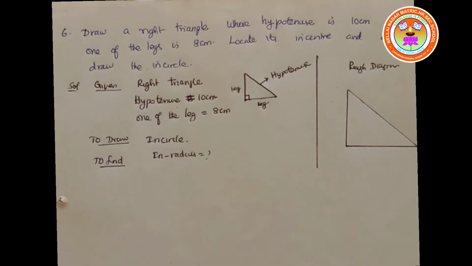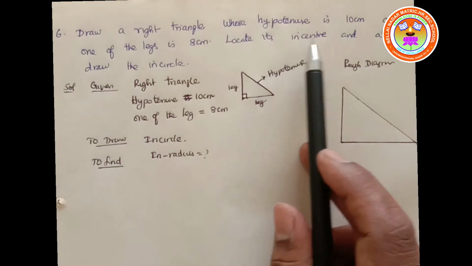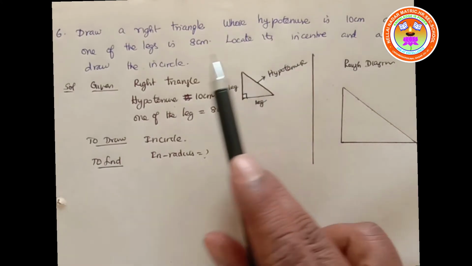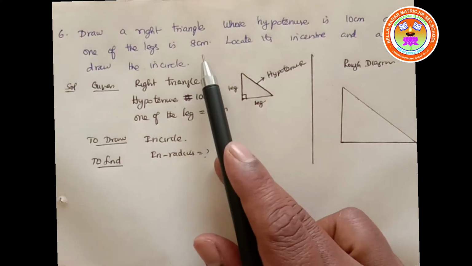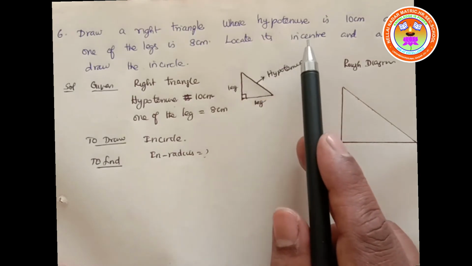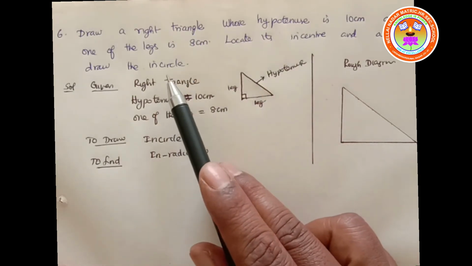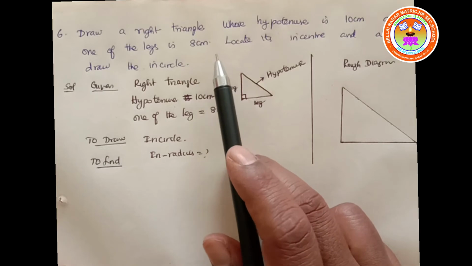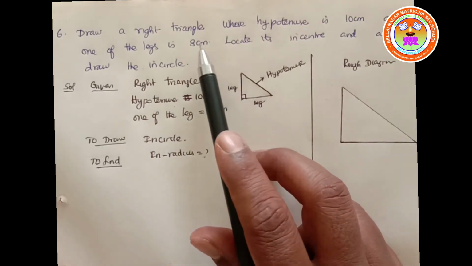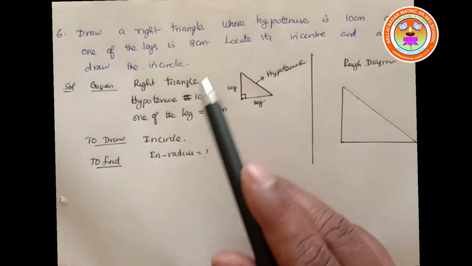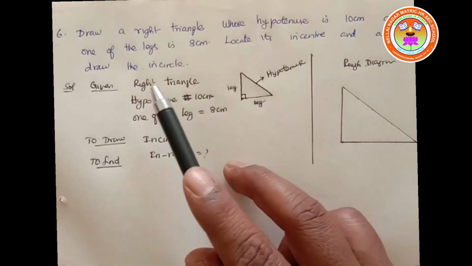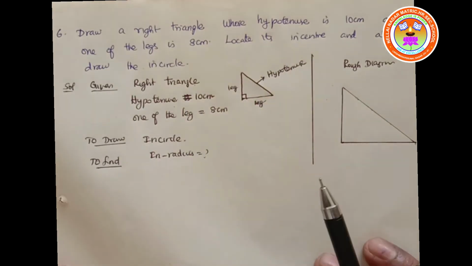Question number 6. Draw a right triangle whose hypotenuse is 10 centimeter and one of the legs is 8 centimeter. Locate its incenter and also draw the incircle. See what is given, children? A right triangle, with hypotenuse 10 centimeter and one leg 8 centimeter.